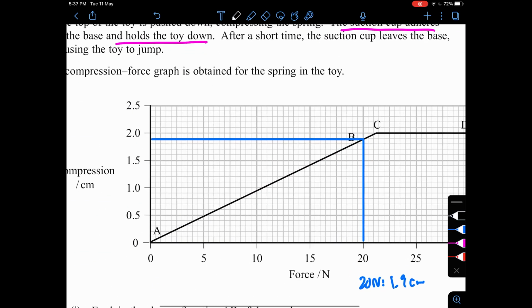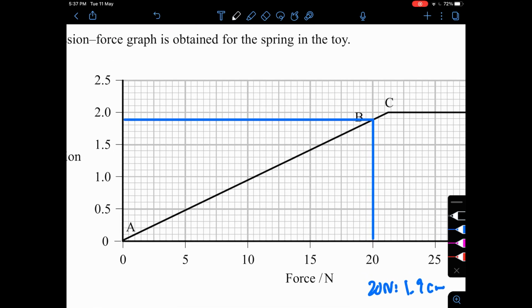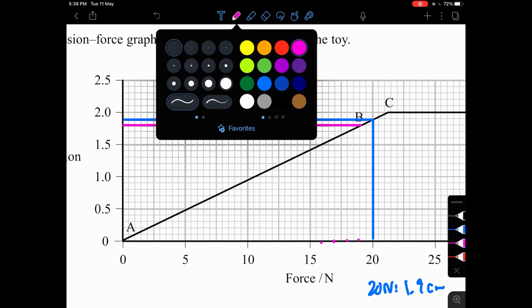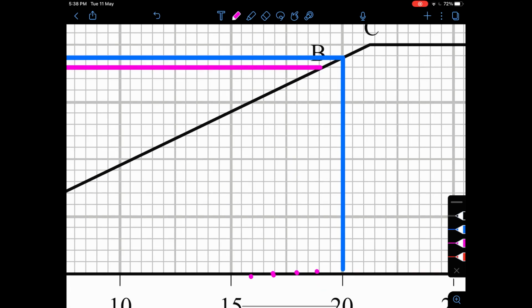So now we need to go back to our graph and locate 1.8 centimeters. You go back, then we can go down. This is 1.5678, and this refers to, I think, a bit further. If we go down, 16, 17, 18, 19. Okay.